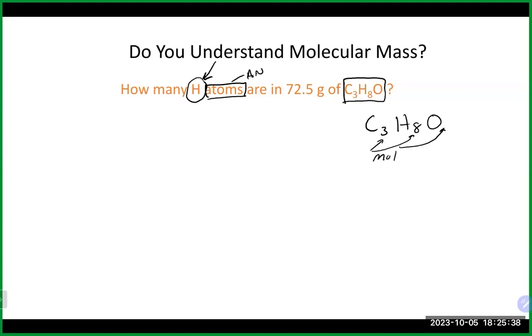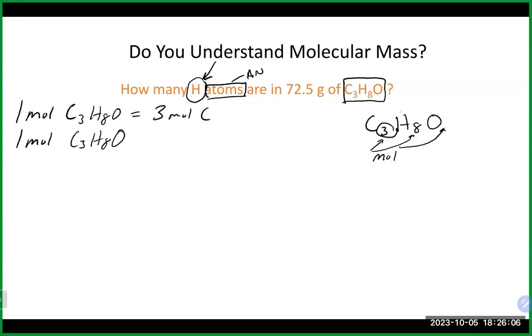That means from this formula we could write some conversion factors, or equalities. We could say that for every 1 mole of the entire thing, I would get 3 moles of just carbon, and that would be the subscript on the bottom. For every 1 mole of the entire thing, I would get 8 moles of hydrogen.